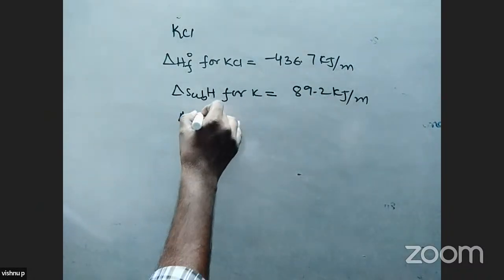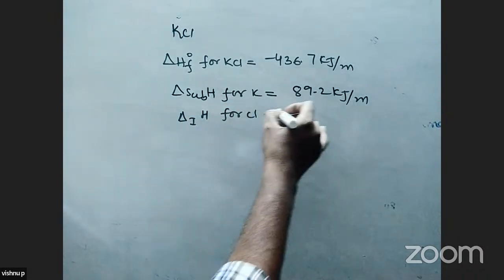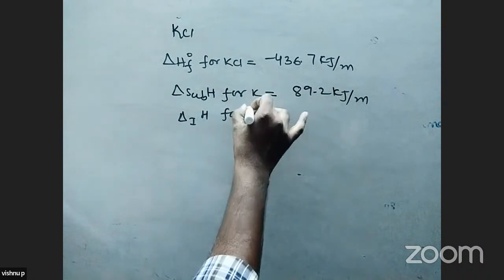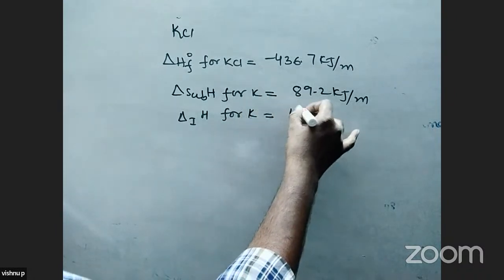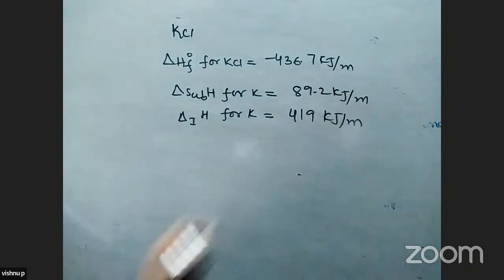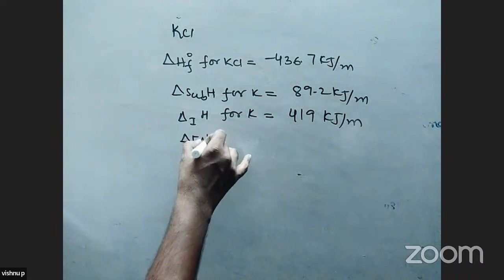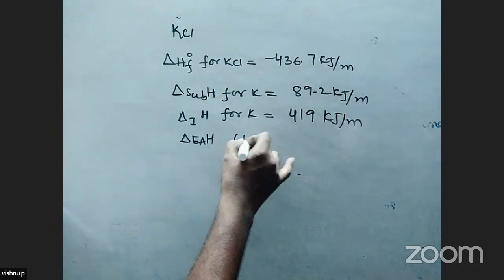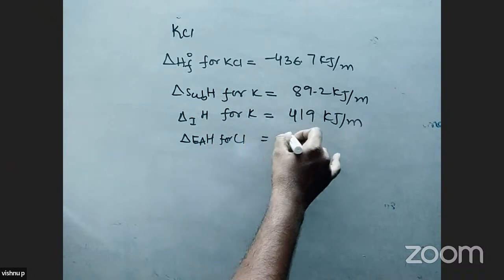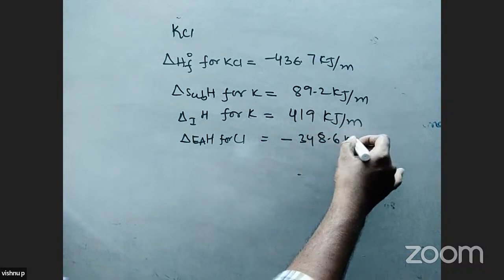Enthalpy of ionization for potassium is equal to 419 kilojoules per mole. Enthalpy of electron affinity for Cl is equal to minus 348.6 kilojoules per mole.